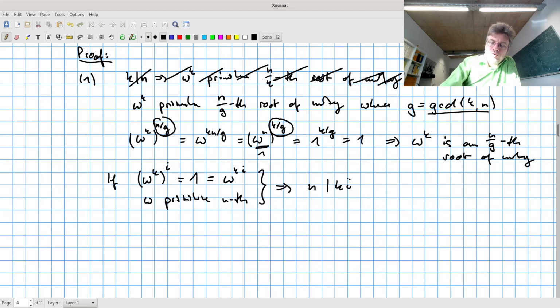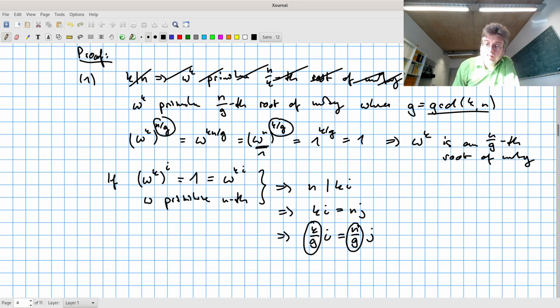Okay, so this here means that ki is equal to nj for some j, and if you now divide by the GCD, then I can say here, okay, take out the GCD. Then I see that this part here cannot have anything in common with this part because I've divided out the greatest common divisor.